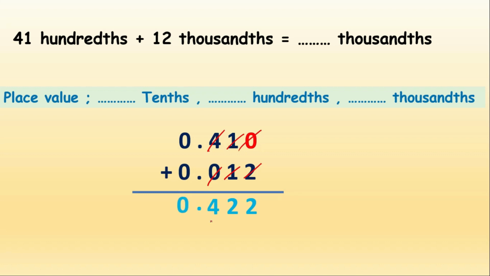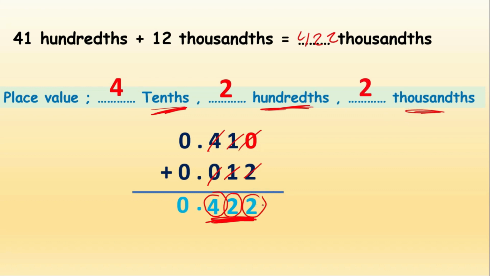The number is 422,000th. For the tenths place, write 4. Then the hundredths place is 2. The last digit, in the thousandths place, write 2.